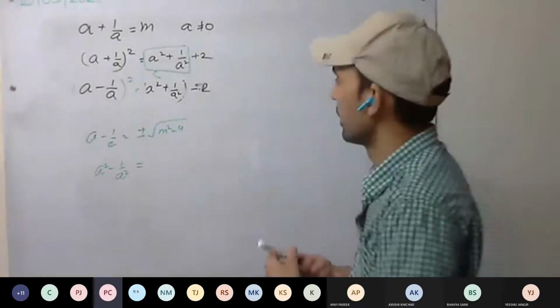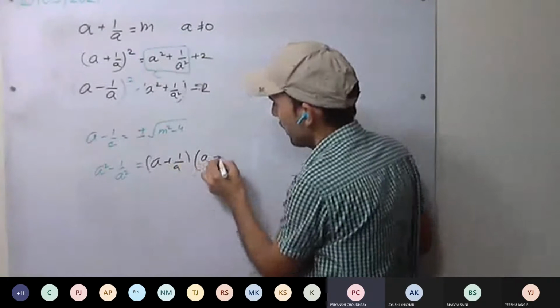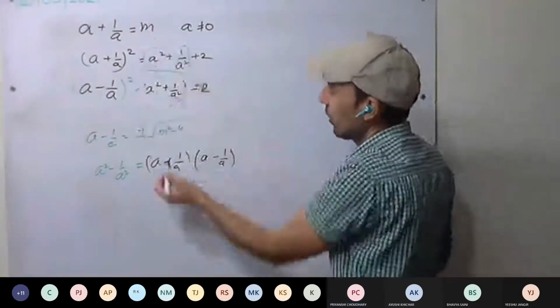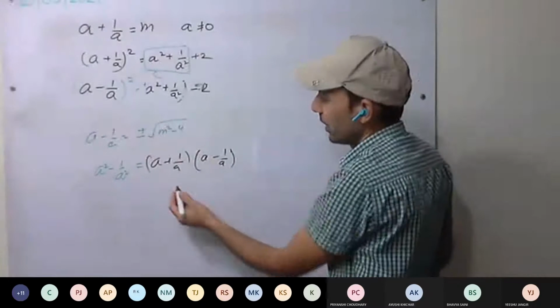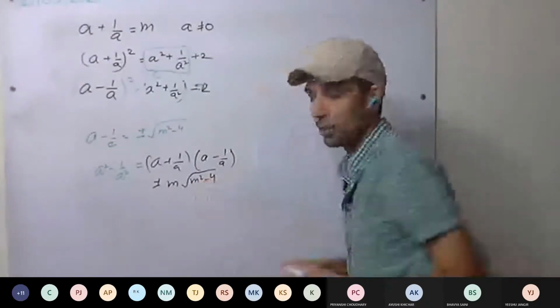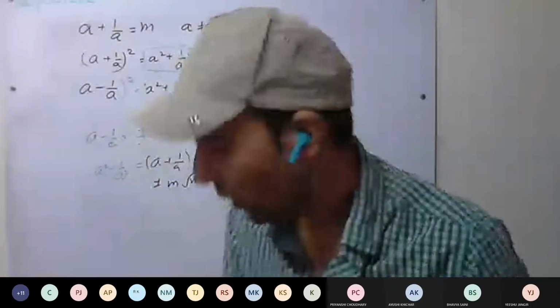Sir, a plus 1 by a into a minus 1 by a. Good. Okay, solve it. So already we have m, and we have this one. So plus minus m root of m square minus 4. That will be the answer. Understood? Okay, third one, do it as homework.